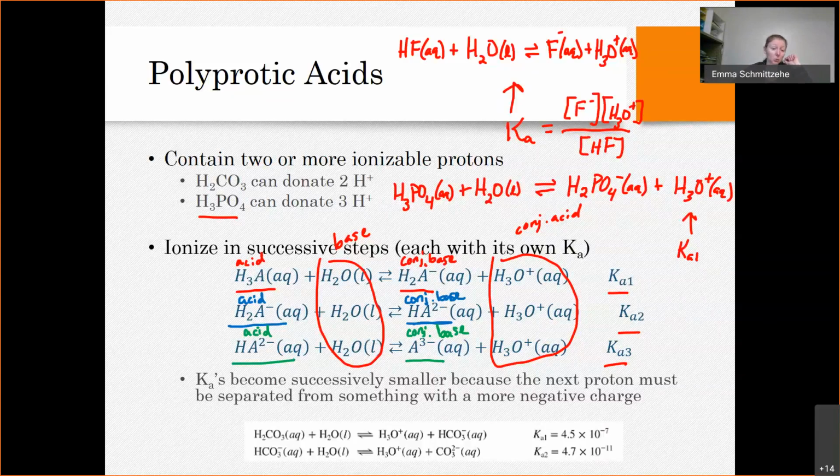And then the HCO3- can ionize again, forming CO3 2-, having a Ka2 associated with that step. Okay. So however many ionizable protons, how many H+ something can give up, will relate to how many Ka values are associated with that substance.